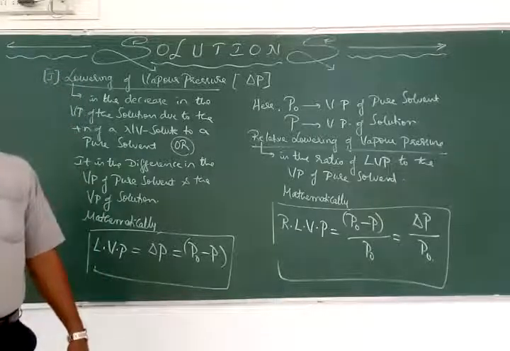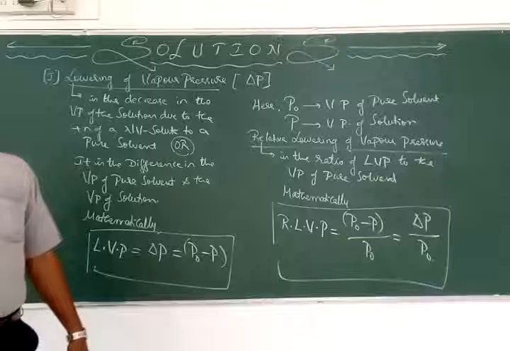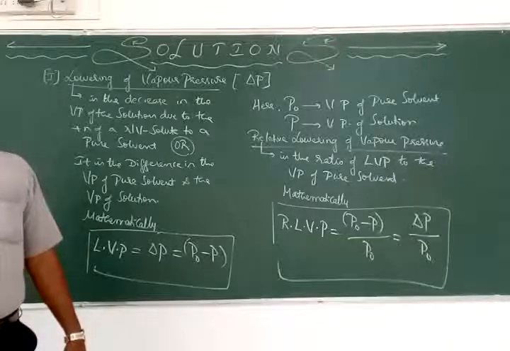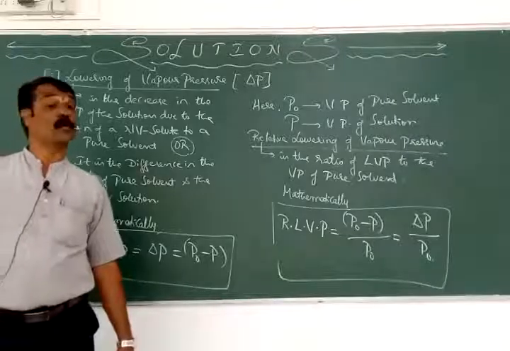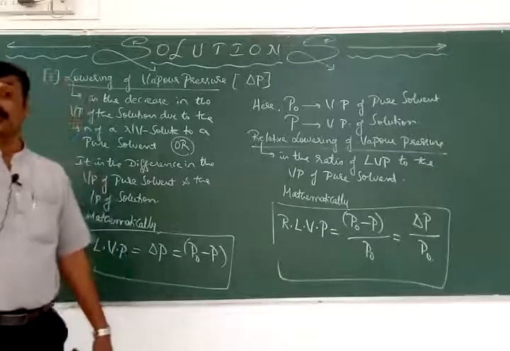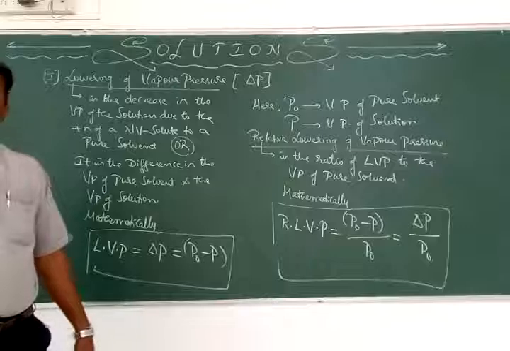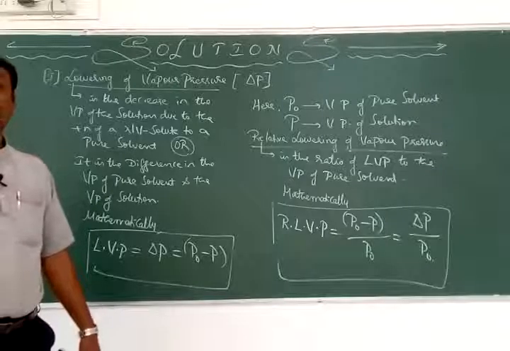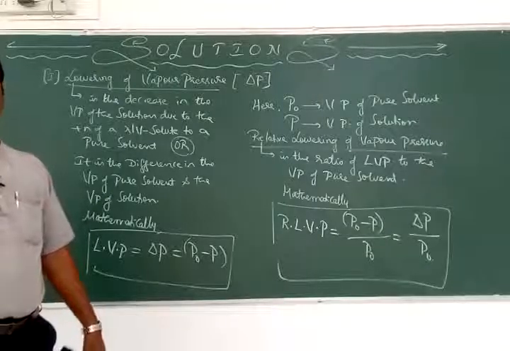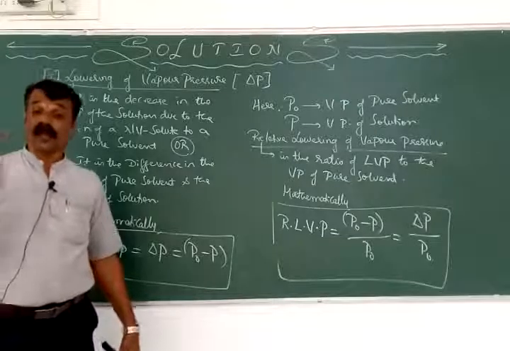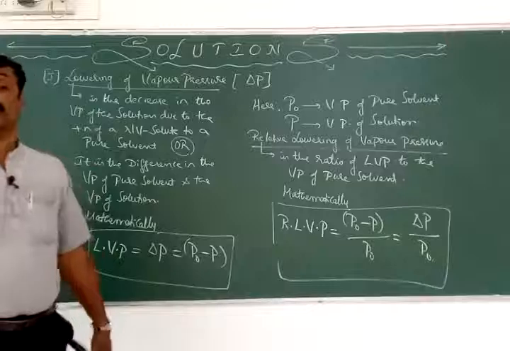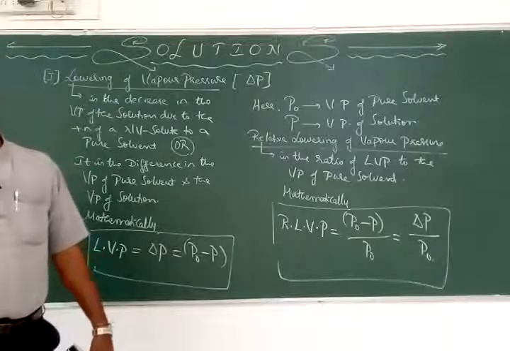Because there is no hindrance to the evaporation of the liquid in the form of vapors if it is a pure solvent. But if a non-volatile solute is added to the pure solvent, those solute particles block some of the vapors emerging from the surface of the liquid. That makes the vapor pressure of the solution less, and that is the lowering of vapor pressure.